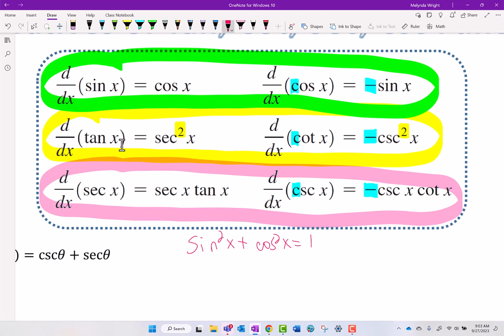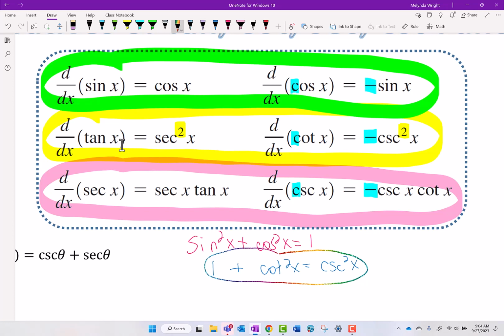So if I divide by sine squared, I get 1 plus cotangent squared equals cosecant squared. Look at this pairing right here. See how in this formula I've got cotangent and cosecant together? I have cotangent and cosecant together here, and here. They travel together, if you will.